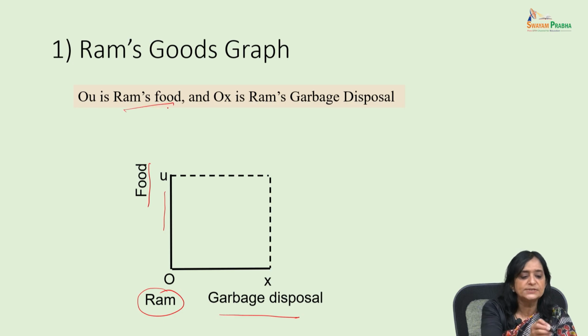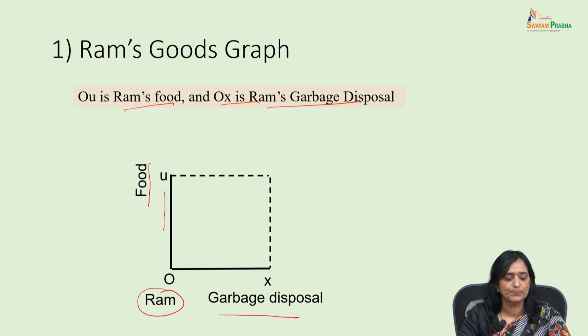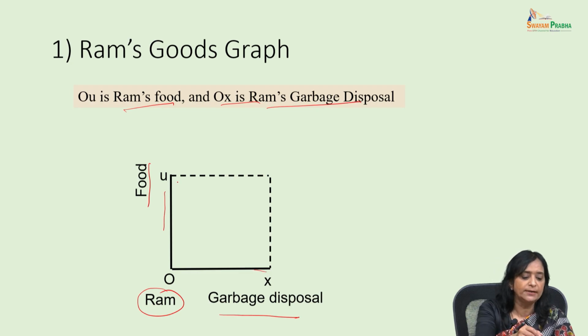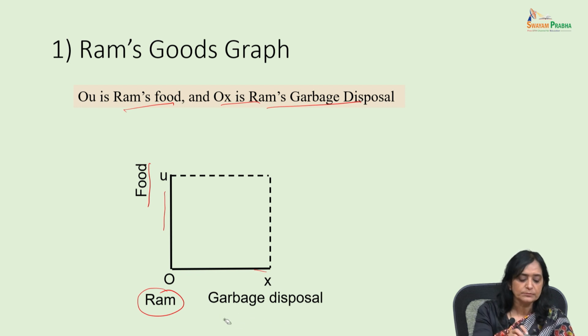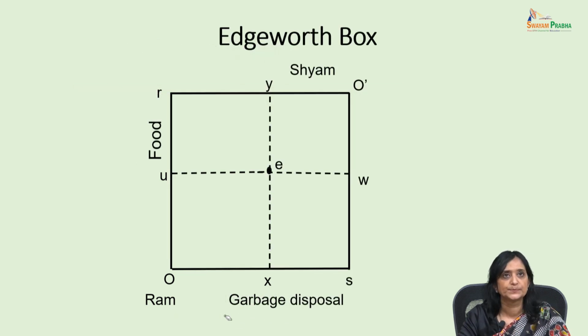So OU is Ram's food and OX is Ram's garbage disposal. This 90-degree diagram, the solid lines OU and OX, shows the consumption of Ram with respect to food and garbage disposal.